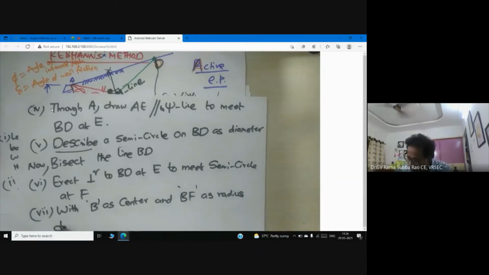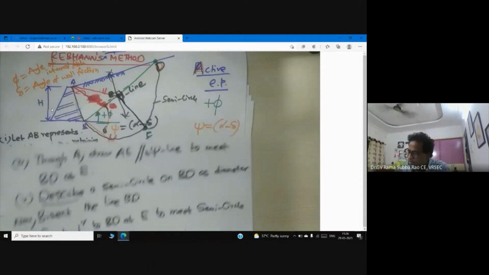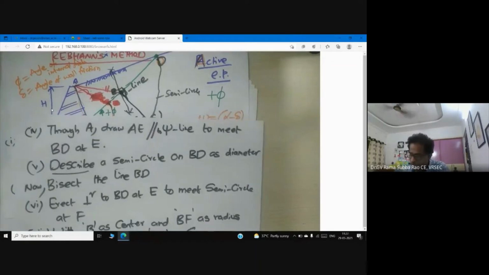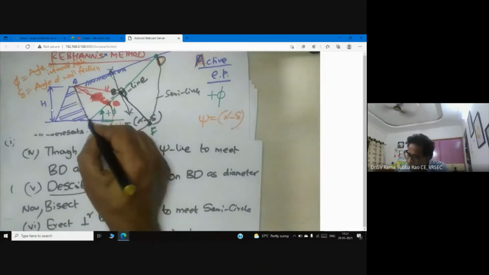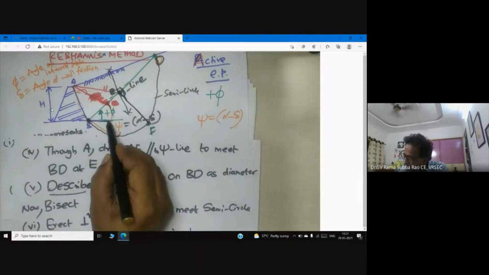Draw an arc to cut BD at G. So this is very important now. So now with B as center, now you see I have B as center. Now you know BF as radius. That means this is radius now.